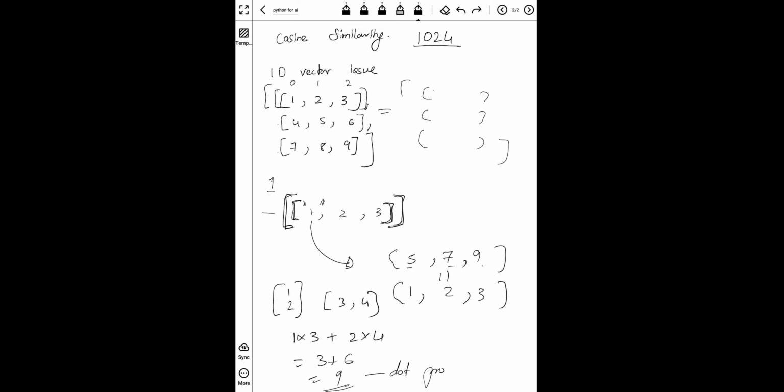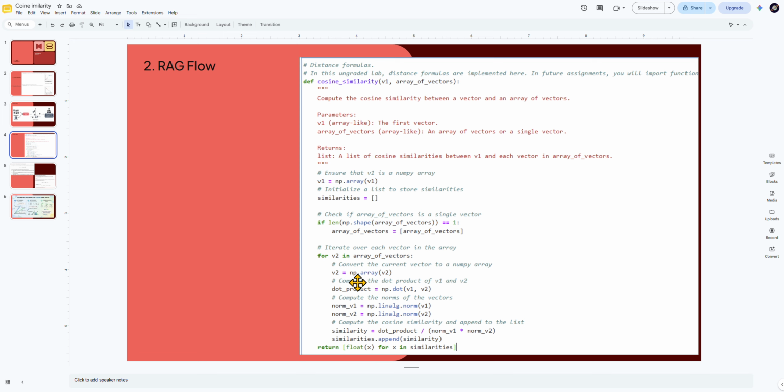I'm not sure if I did this exactly correctly, but at the end of the day, you get the dot product. Then you normalize V1 and V2, and the formula to calculate similarity is the dot product divided by the normalization of V1 times V2.